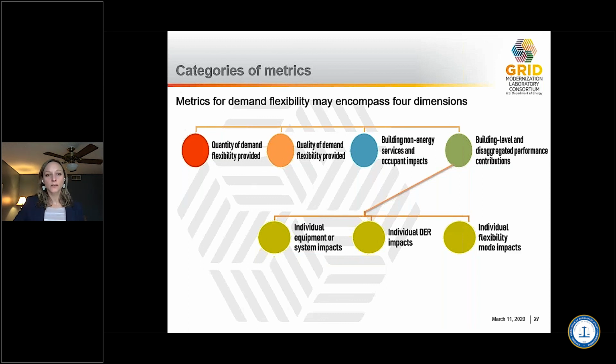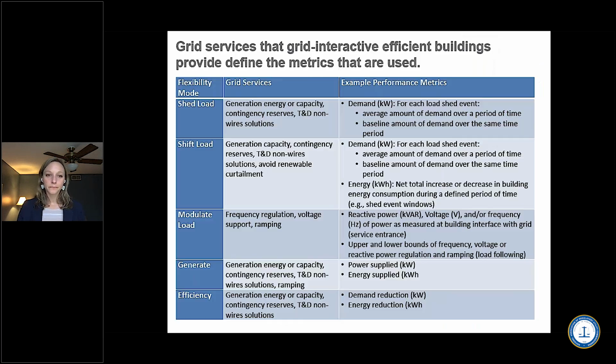And then if we can go back to slide 26, we provided examples of performance metrics that could be used that are tied to these grid services, because the grid services are going to help define what metrics we want to use for those assessments. Again, I won't go over all of these cells in the table in the interest of time, but for example, efficiency, which is that bottom row, and load shedding and shifting, which are the top two rows.